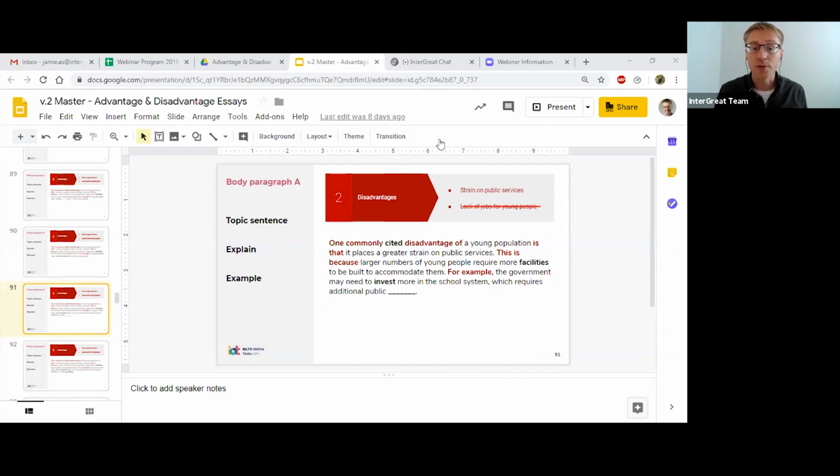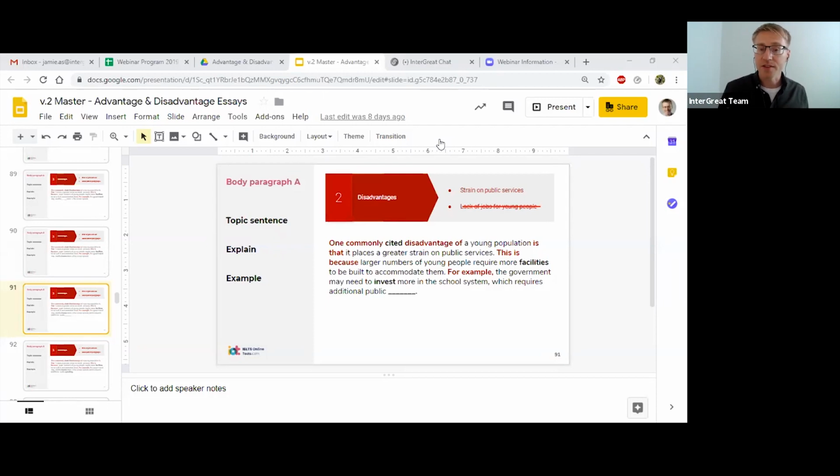You can use expressions like according to recent research or a recent study has shown. You don't need to be specific, okay? You don't need to say according to the New York Times or according to Harvard University. Just keep it general. Recent research has shown, a growing body of evidence suggests that.